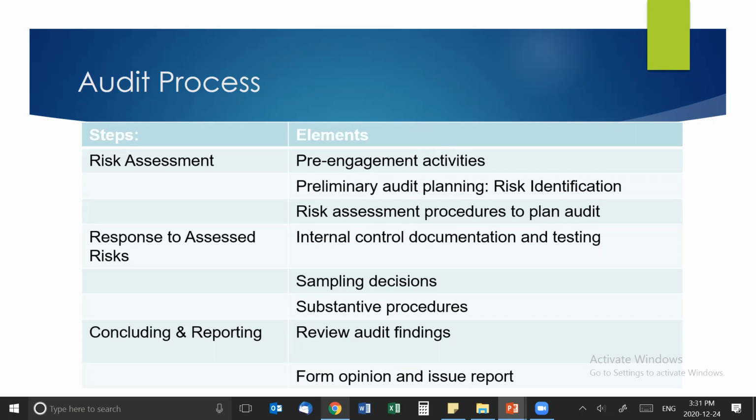So they're going to say that it is a clean opinion, or unmodified, when it's actually modified, or the other way around. So what auditors are going to do is a risk identification, find out all the risks, and then plan procedures to address those risks.